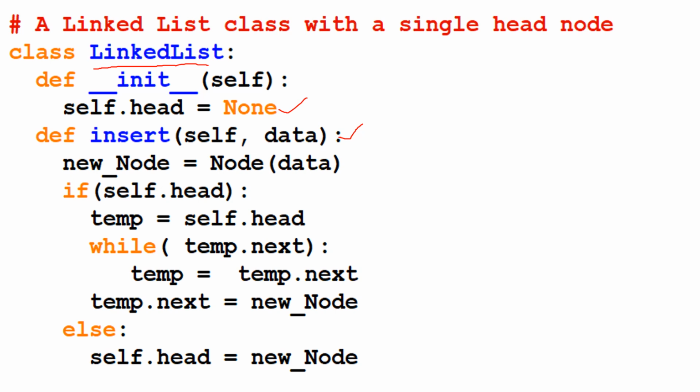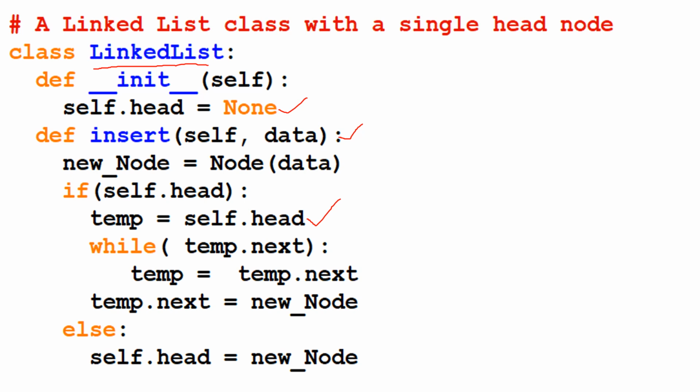While inserting the elements one by one, check whether the head pointer is there or not. If self.head is there, it means there are some elements in the linked list. So take a temporary variable to move forward to the next node, because we can't move the starting node itself. So we assign the first node to the temporary variable.